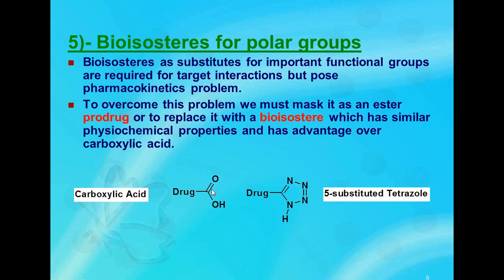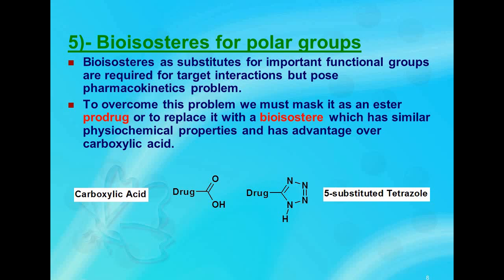To overcome this problem, we can mask it as an ester prodrug, or we can replace it with a bioisostere which has similar physiochemical properties and has advantages over carboxylic acid, such as the 5-substituted triazole ring. This ring contains an acidic proton like carboxylic acid and is ionized at pH 7.4.